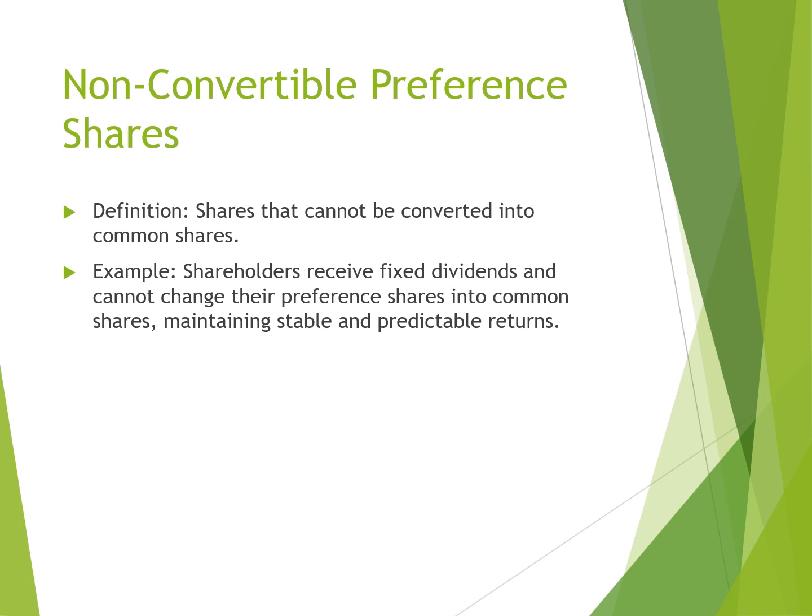Non-convertible preference shares are shares which cannot be converted to a common share. These shareholders receive fixed dividends, but they are not eligible to change the preference shares into common shares, but they may have stable and predictable returns.